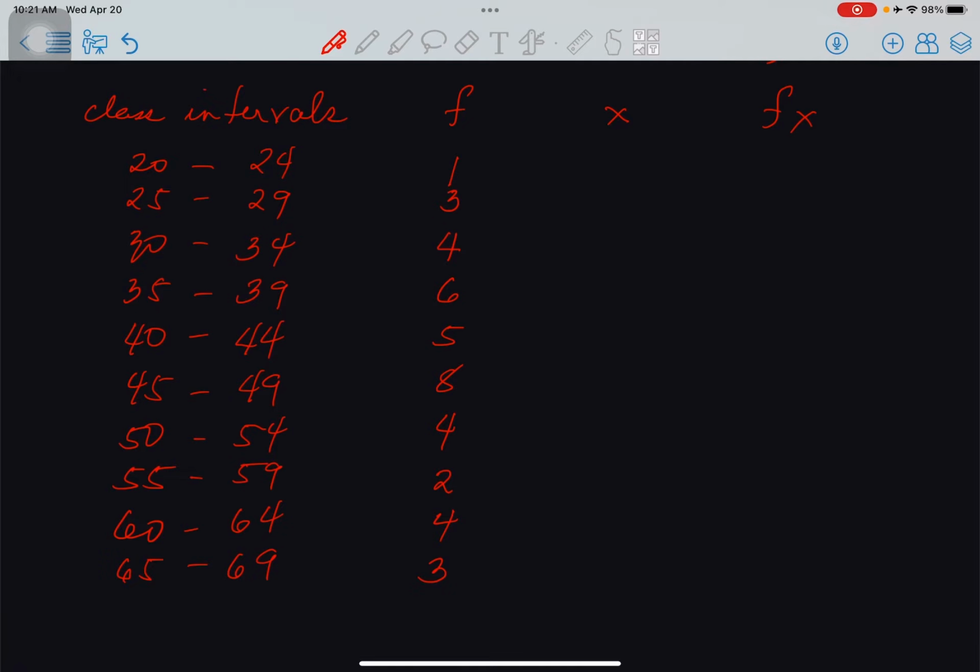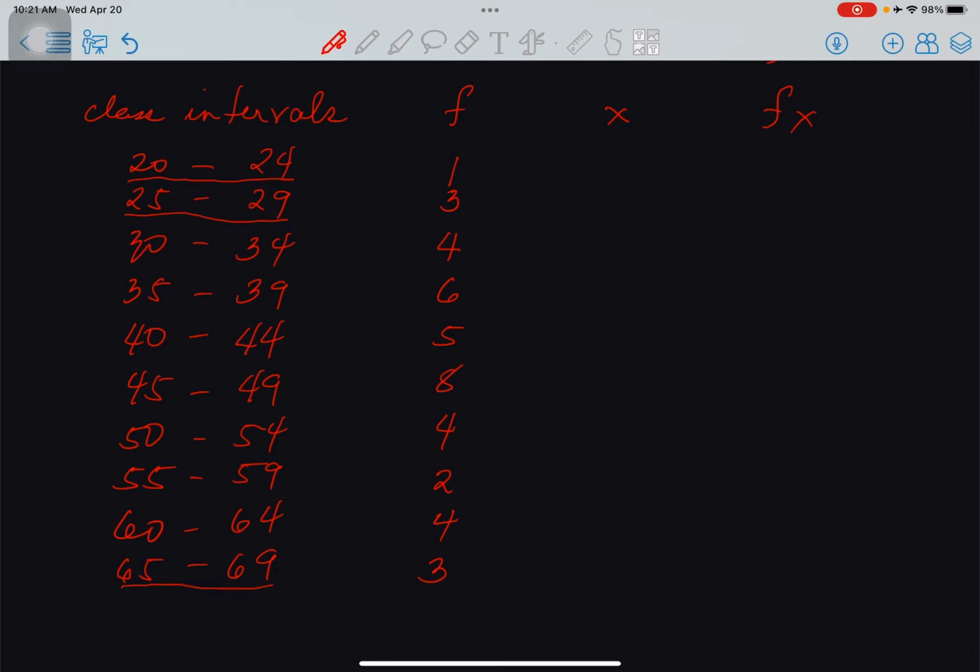So we have from 20 to 24 down to 65 to 69. Under 20 to 24, we have 1 as its frequency. Then 25 to 29, there are 3 frequencies, and so on and so forth. So there are corresponding data or scores present in every class interval.